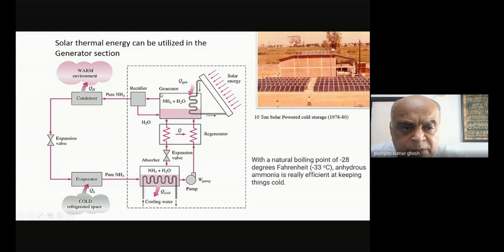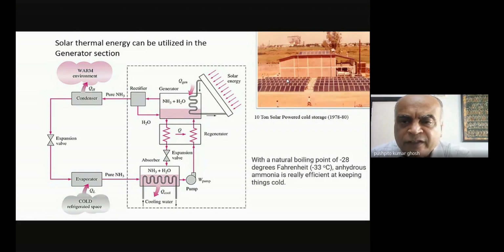So let me explain to you the operation of a typical refrigeration cycle, and effectively how exactly the solar energy is coming in. Now, what typically happens is that what are we trying to do when we are trying to get a low temperature, a cold storage.